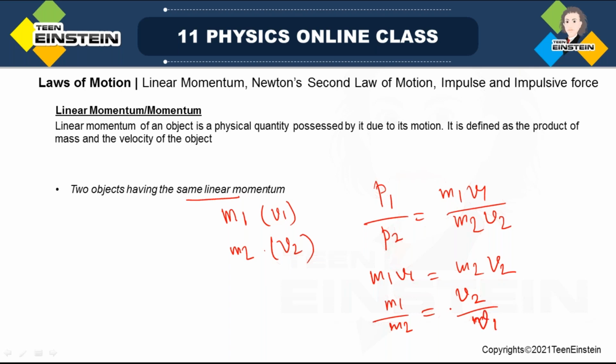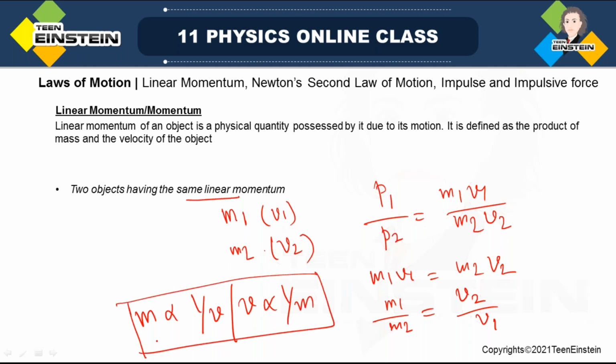So look here, what does this mean? This means that m is inversely proportional to v, or the other way, v is inversely proportional to m.